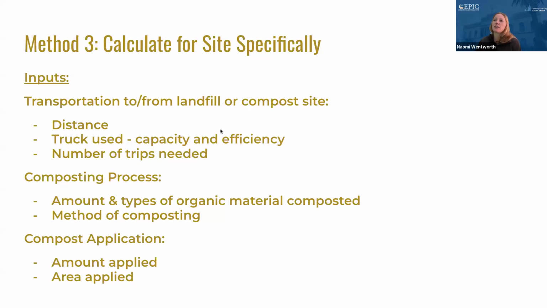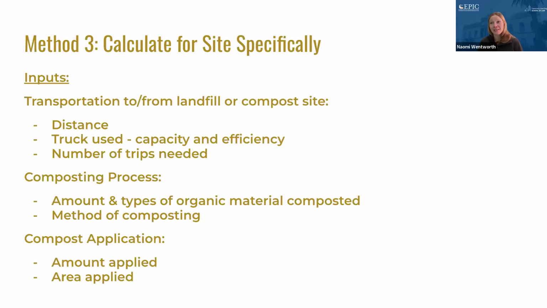You're going to want to calculate the transportation to and from the landfill or the compost site. So you're going to want to understand where is the landfill compared to the center point of our community. How much closer is the compost site from the landfill? So that kind of change in distance.